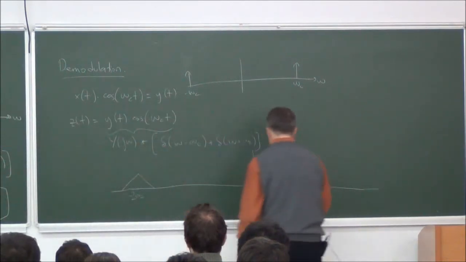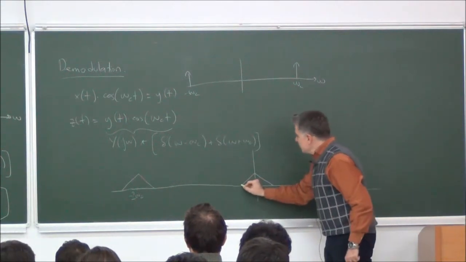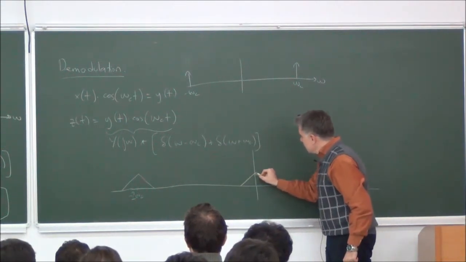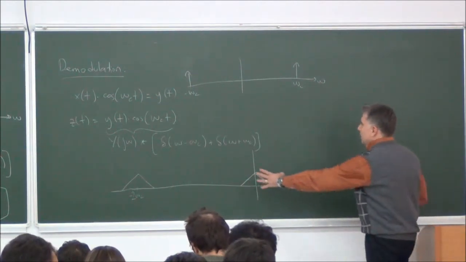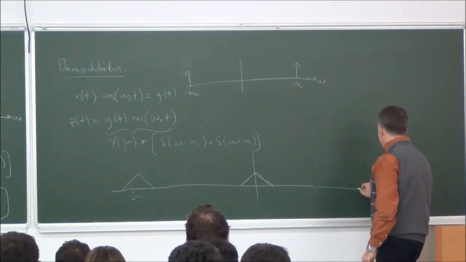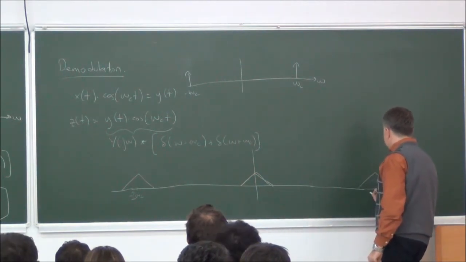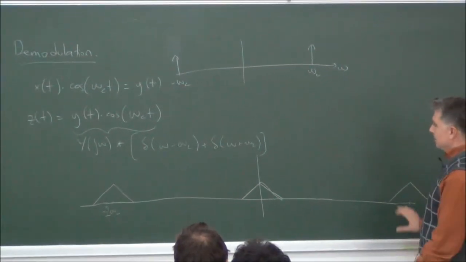Okay, let's draw it with this one. Those two triangles shifted towards right is producing this green triangle that is coming from the left-hand side, and the right-hand side triangle is here at or around 2 omega c, like this.